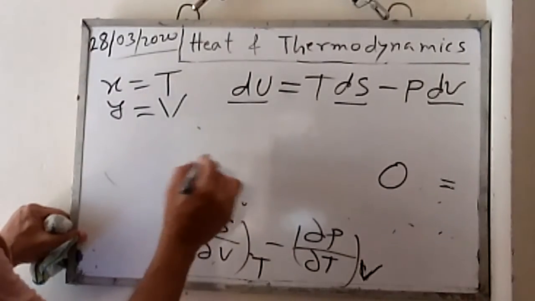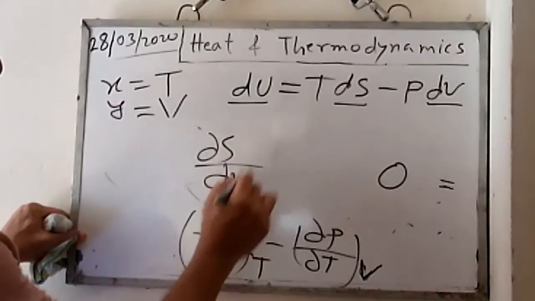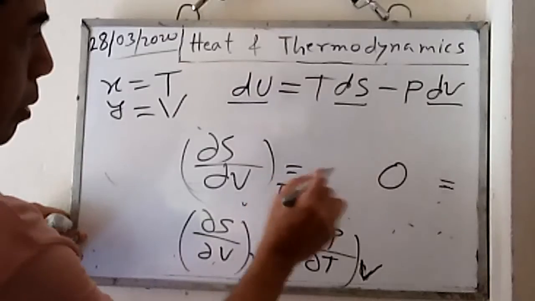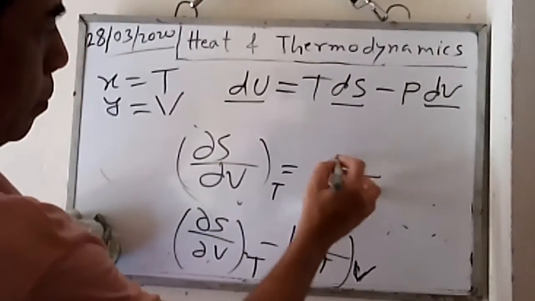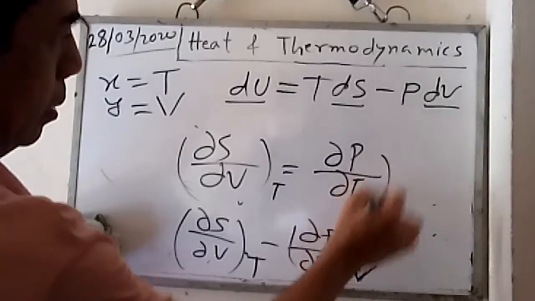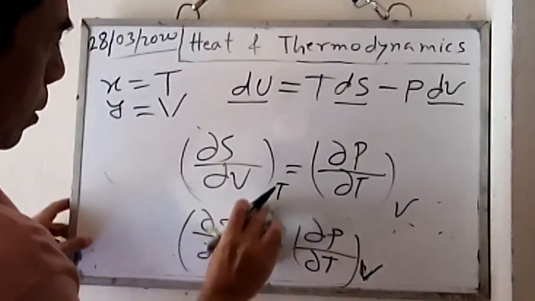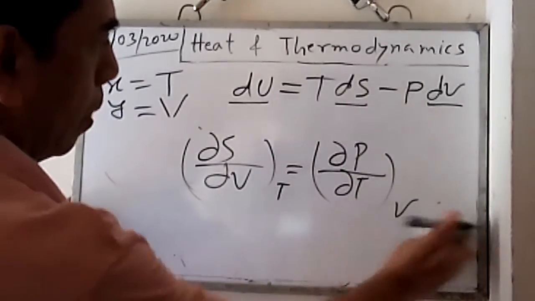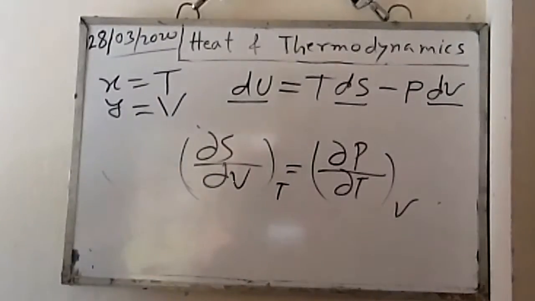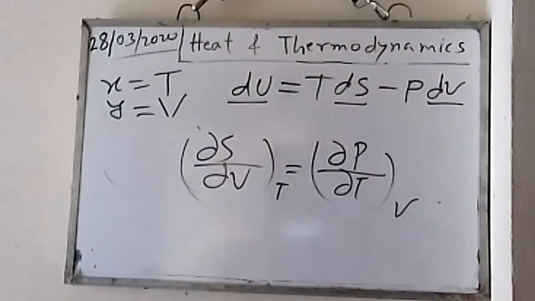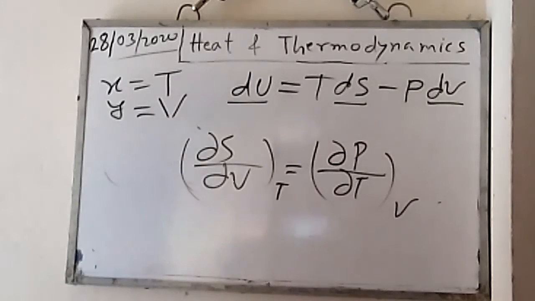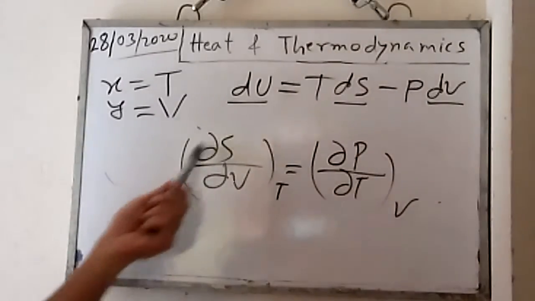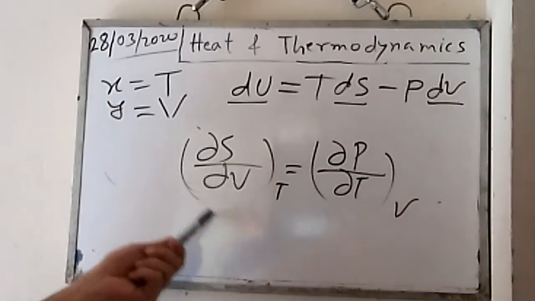Therefore, you can write del S by del V at constant T equal to del P by del T at constant V. This is Maxwell's first relation.